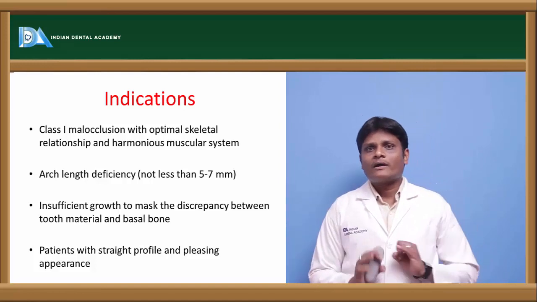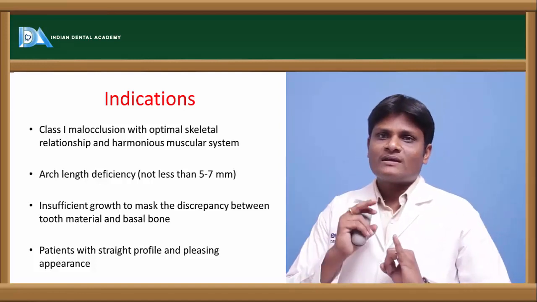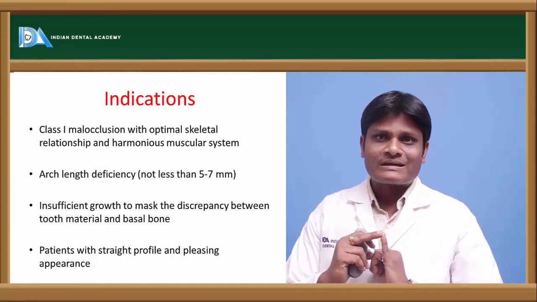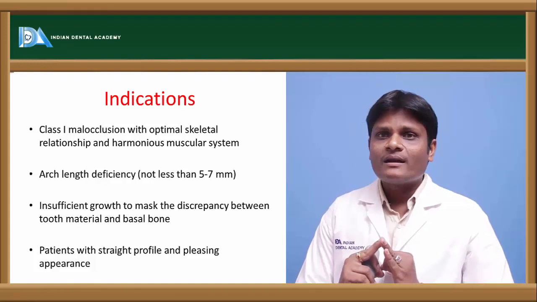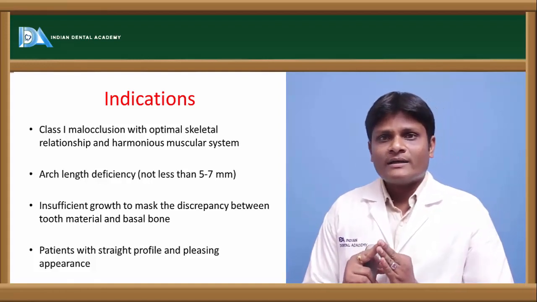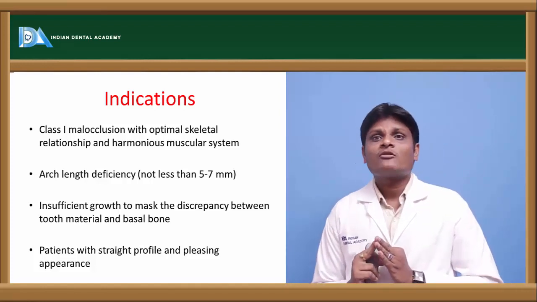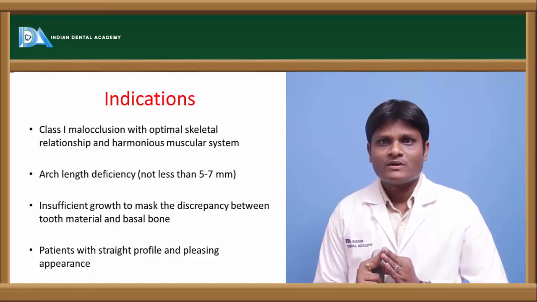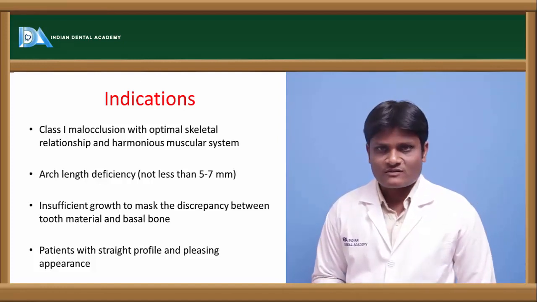So in order to carry out a serial extraction, the person should have a straight and pleasing profile or aesthetic profile with no skeletal discrepancy and presence of dental tooth material excess or arch length deficiency which is more than 5 to 7 mm. So these are the patients who are indicated for serial extractions.